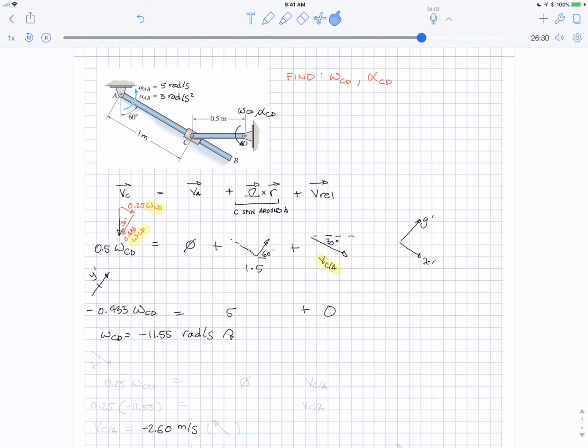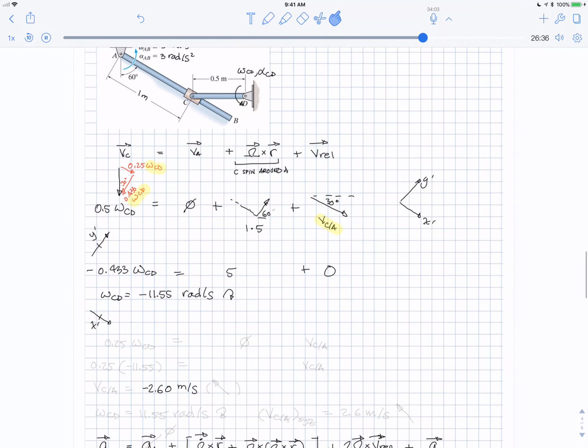Okay, so now we're ready to do the X prime component.